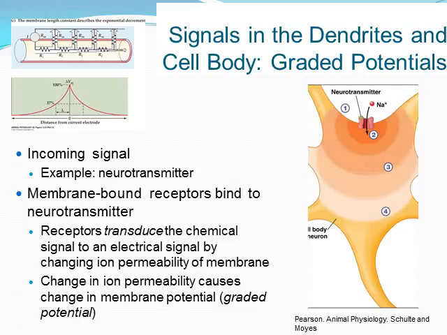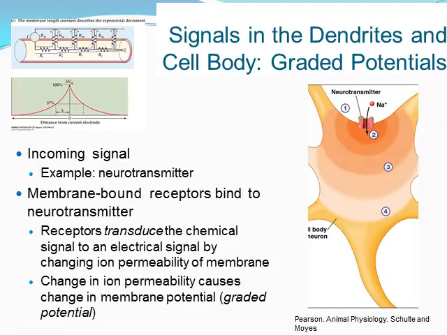So you have an incoming signal. Let's stick with ligands. So you have a ligand, a neurotransmitter, that binds to a ligand-gated channel, that causes the channel to open, and you have sodium entering the cell. This would occur in the dendrites or the cell body and create a graded potential. Now, the change in membrane potential is this graded potential.